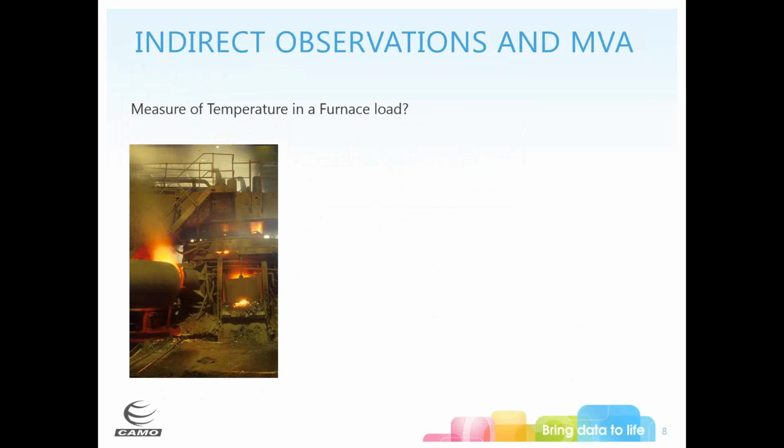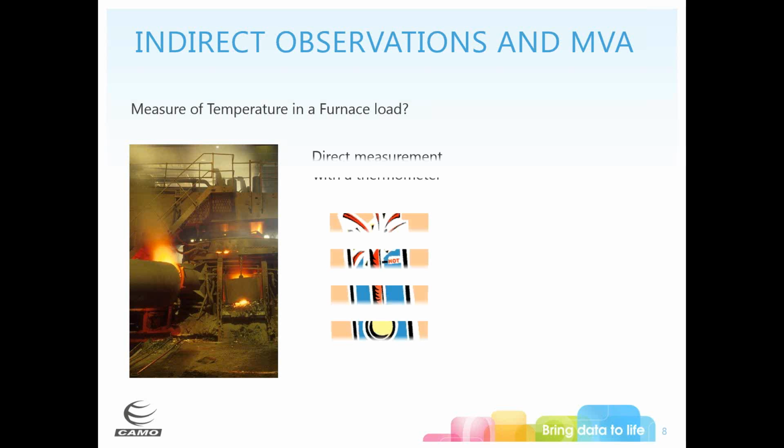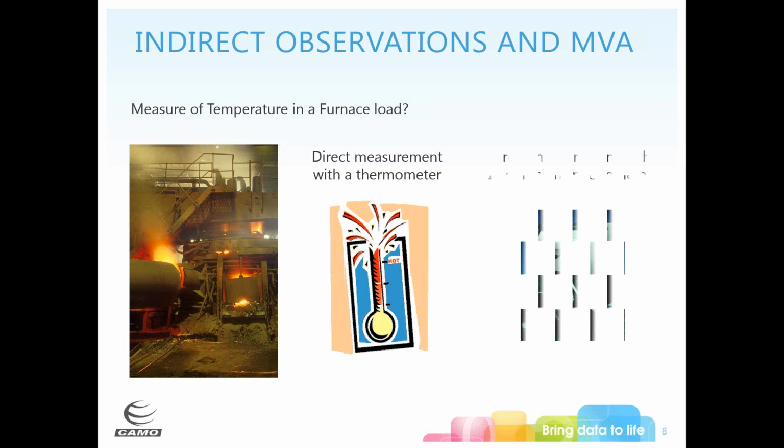Another reason that we might use multivariate data analysis is if there's a need for an indirect observation. For example, what's the temperature of a furnace? There aren't really any direct measurements possible with a thermometer, for example, because they would melt. That is the whole purpose of the furnace, right? So how do we measure what the temperature actually is?